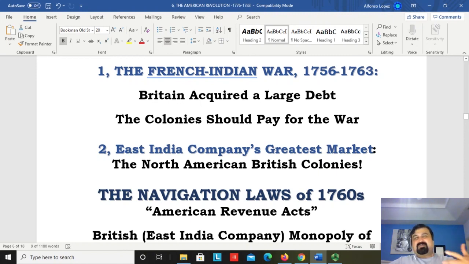So this is going to, of course, exacerbate the relationship between the colonies and the mother country, particularly because it affected particular interests, the tea merchants, the wealthy merchants that were importing products from France and Holland, and they were building their fortunes on that. But again, they're going to be displaced with the new navigation laws that are beginning to arrive to the colonies, particularly after the French and Indian War that ended in 1763.